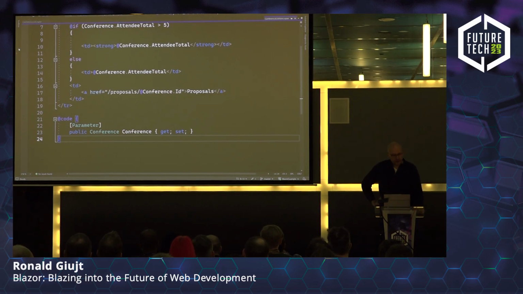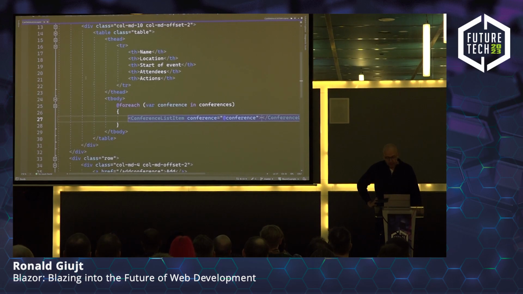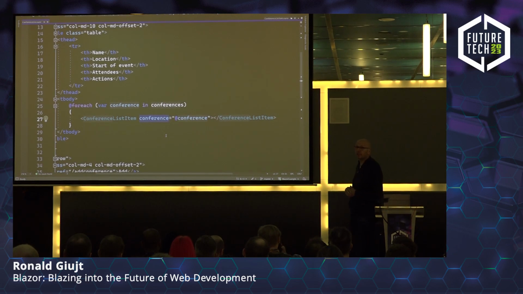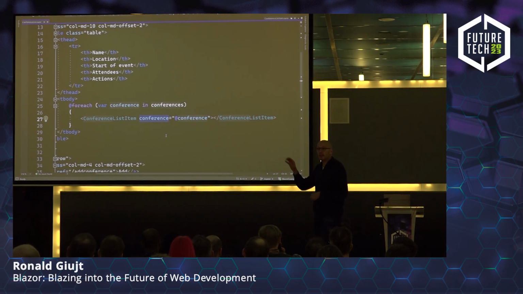So how can we do that? By using this familiar attribute-like syntax, attributes in HTML, we can fill it in. We can just say conference, and we can see this is lowercase because that's customary with HTML attributes, right?